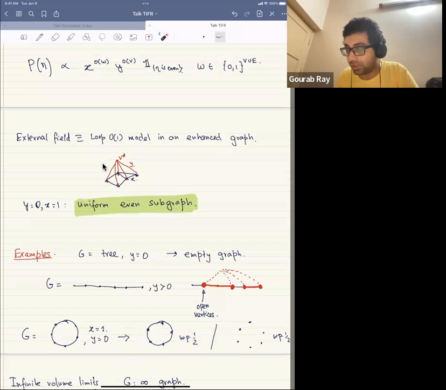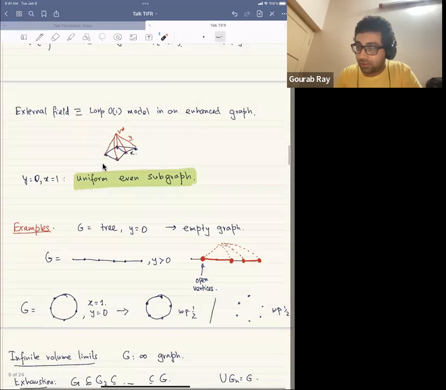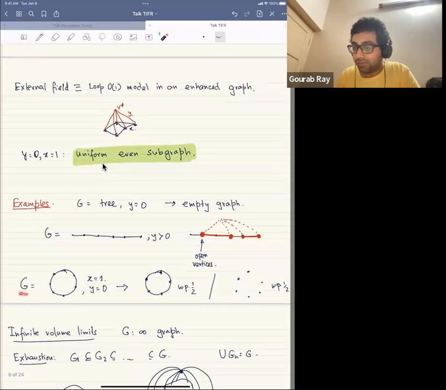Now let's introduce some cycles in the graph, and cycles are important for even subgraphs, as you might imagine. If G is this cycle with x equal to 1 and y equal to 0 again, then the model is the whole cycle with probability half, or the empty graph with probability half, and there's nothing else possible.